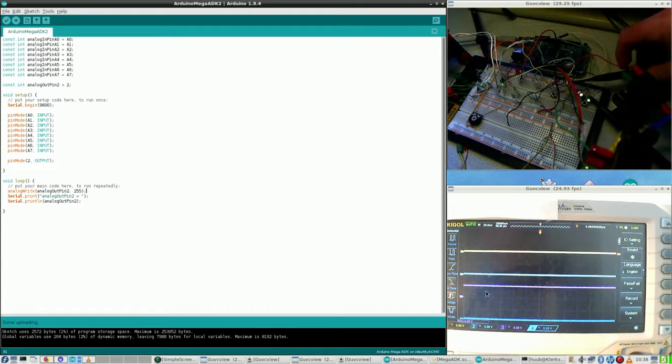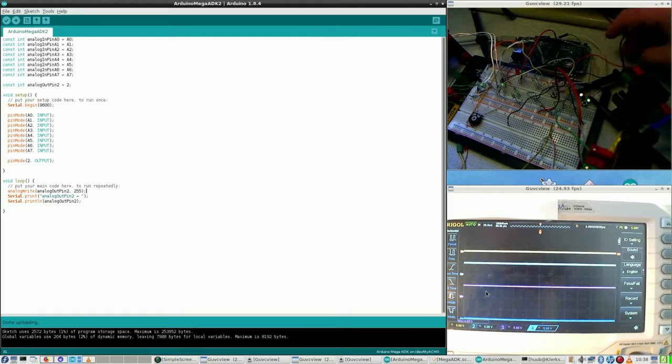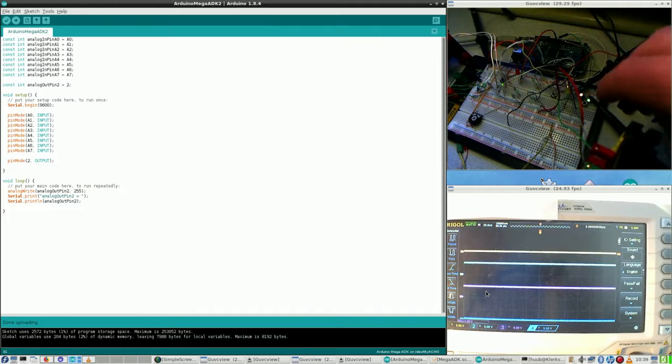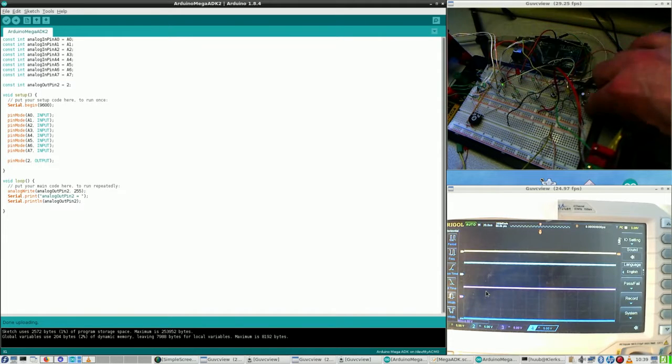Oh, I can also put it right here on the resistor. Yes, that is quite alright. And it doesn't make sense still.